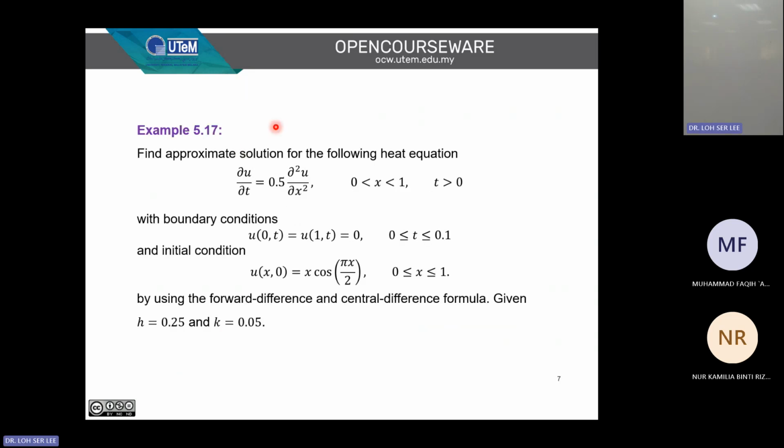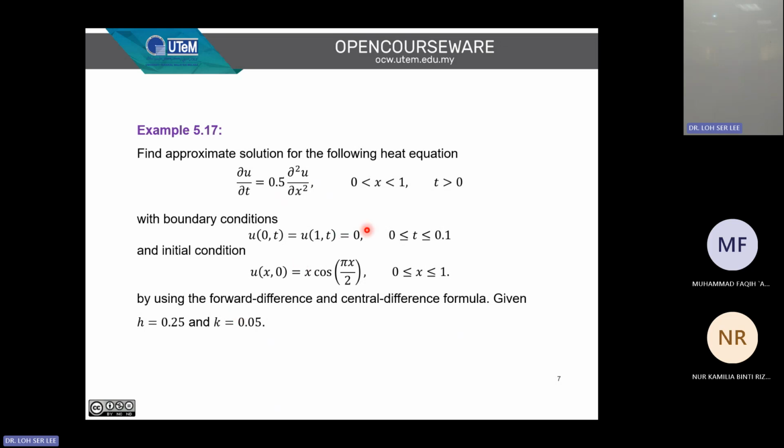Okay, now we look at the first example. Find approximate solution. This one has boundary conditions and also an initial condition. We are finding an approximate solution, meaning that we solve using the finite difference method.